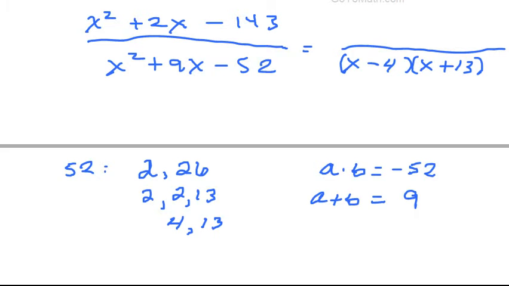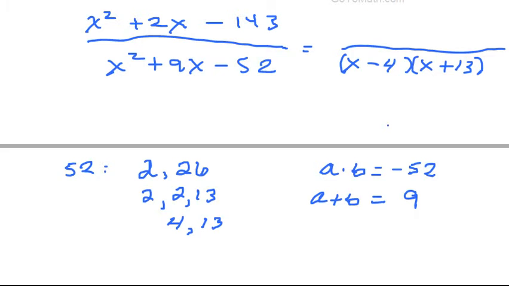The reason I started with that is because now we can figure out that if this thing factors up here and we have terms that cancel out, well, it's either going to be a 13 or a 4 that's going to make up this 143, you see. Okay, I was going to do something, I forgot what it was now. 52.